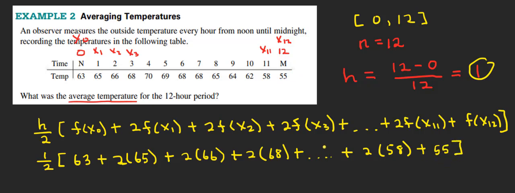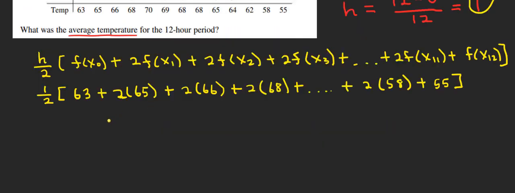Now remember, don't forget to find all these middle terms here. After the calculation, you'll notice that you get 782. That is not our final answer, because 782 represents the integral from 0 to 12 of the temperature. Don't forget about 1 over b minus a.